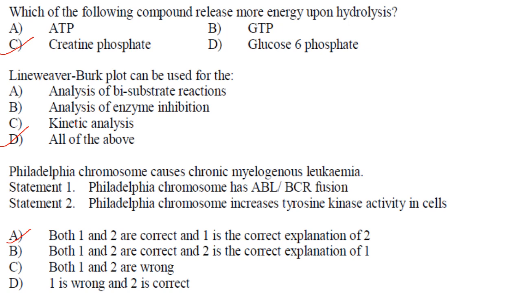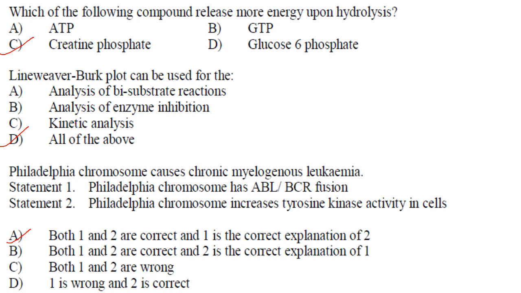Then Philadelphia chromosome causes chronic myelogenous leukemia. Statement 1. Philadelphia chromosome has ABL-BCR fusion. Statement 2. Philadelphia chromosome increases tyrosine kinase activity in cells. So, what is this Philadelphia chromosome? The ABL gene from chromosome 9 joins to BCR gene on chromosome 22 to form BCR-ABL fusion gene.